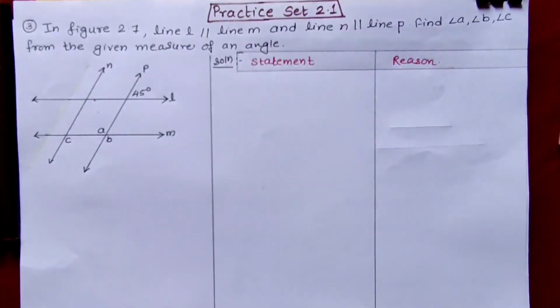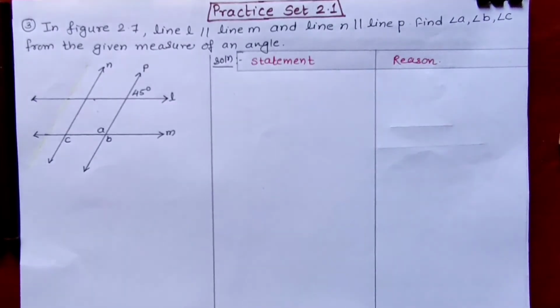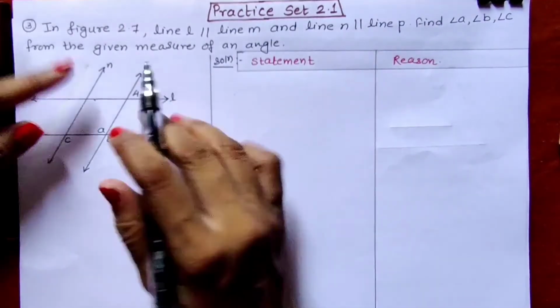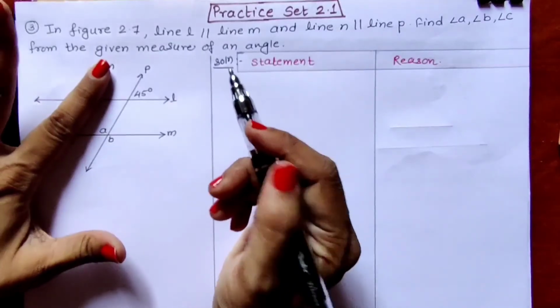So let us see. I have drawn the diagram, I have written the question, and in the solution I have made two parts, statement and reason. First we will take these two lines, line L and line M, and only one transversal line, line P. We are not going to look at line N now.